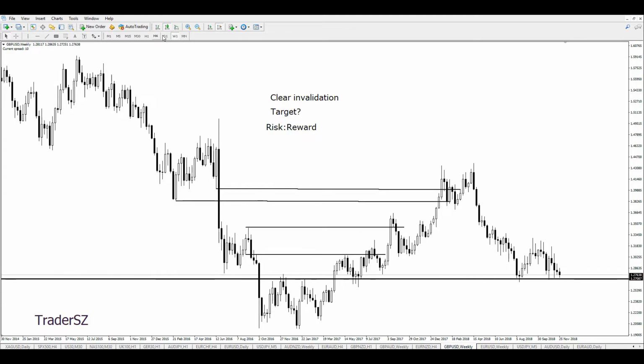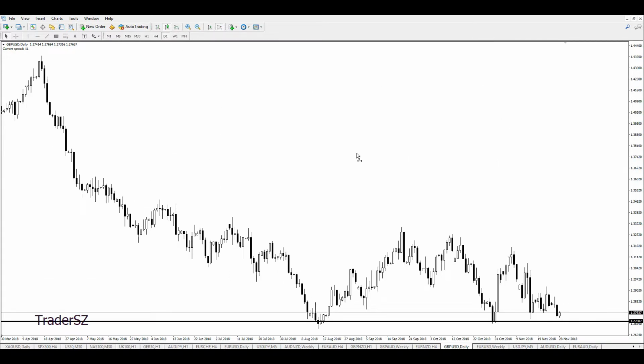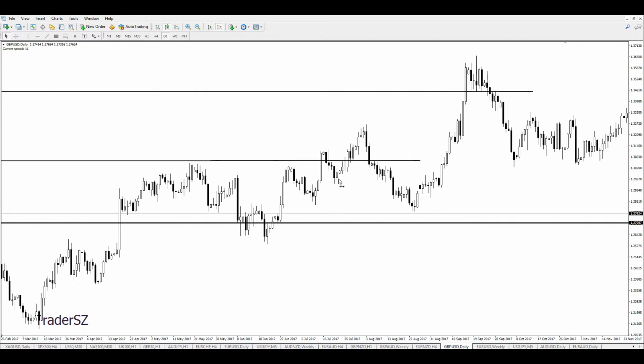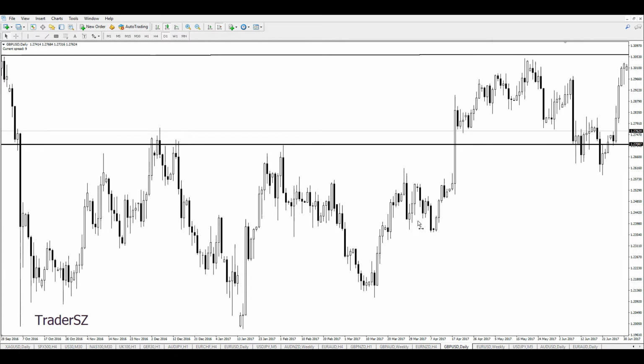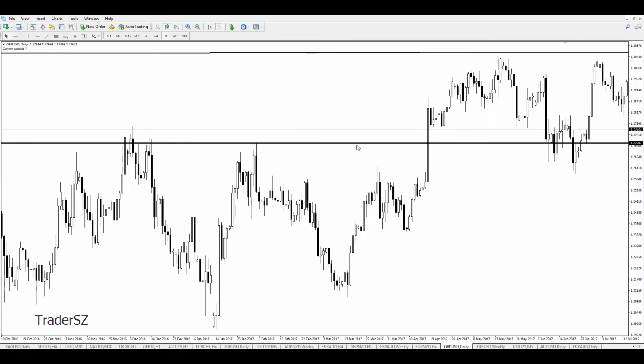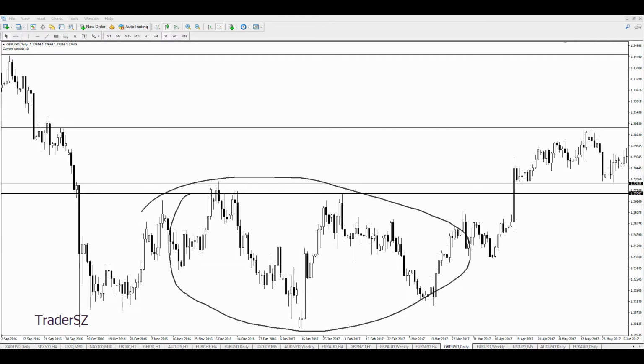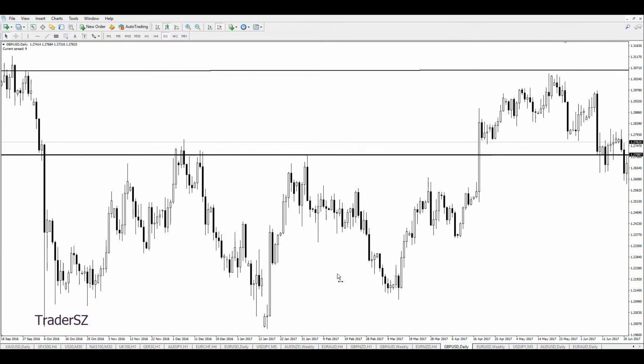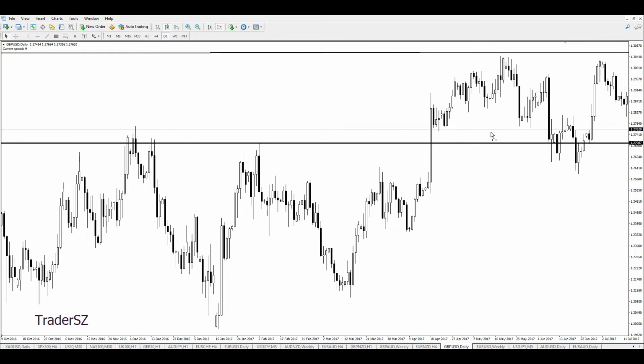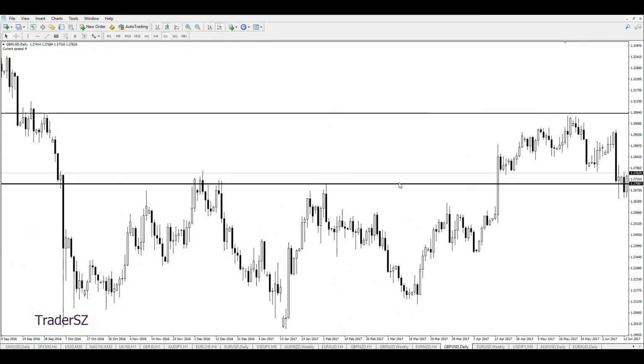So let's get down to the daily now. What's that telling us? At this point here, this was when we broke out of this consolidation. At this point, we're looking for longs now, so we've broken out. And if you've missed this, you've missed this. So ideally what we're looking for is SR, so I'm going to get rid of this for now.